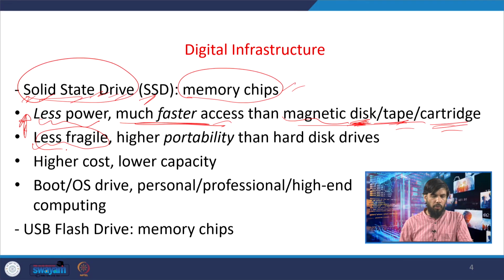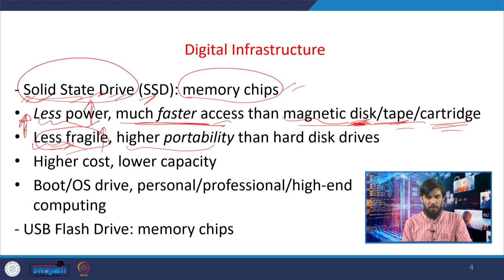Less fragile. Why less fragile? Because there are fewer moving parts. In the case of HDD, there are certain moving parts that are part of the magnetic disk technology, while here there are fewer moving parts, and therefore it is less fragile and desirable. So less power, less fragile.